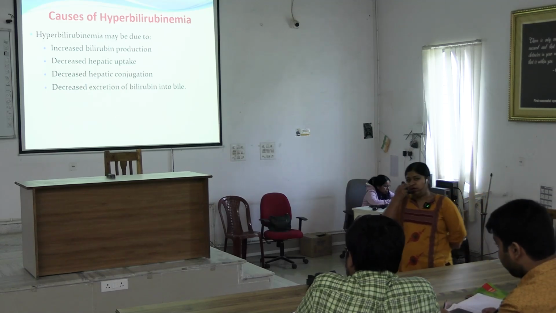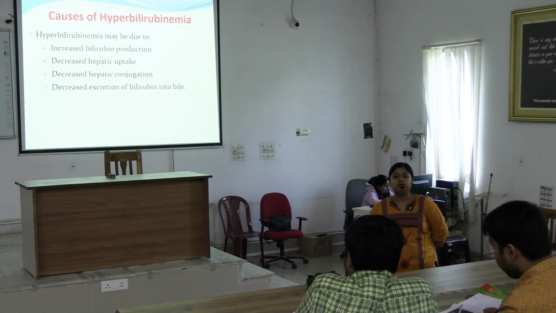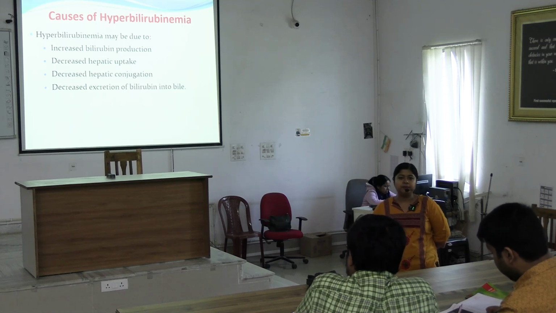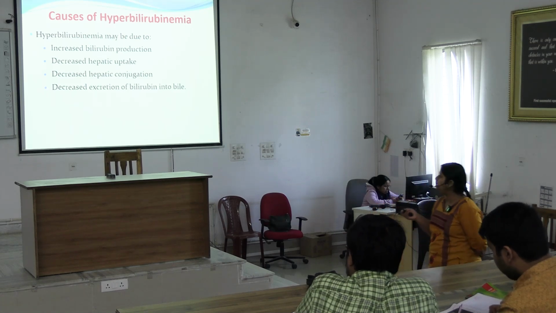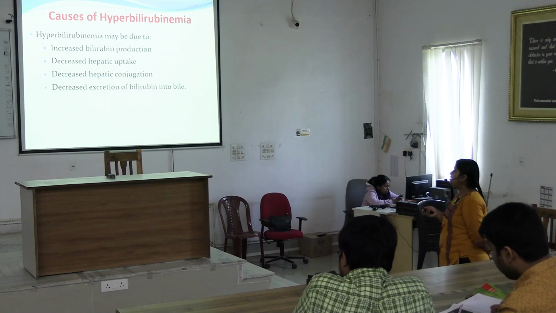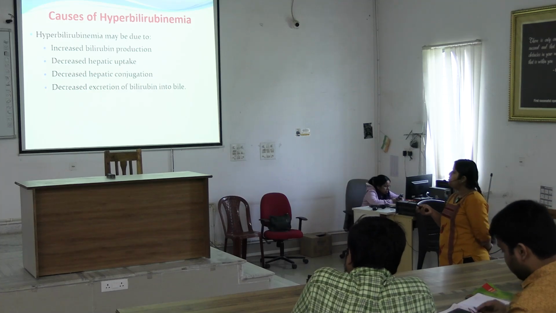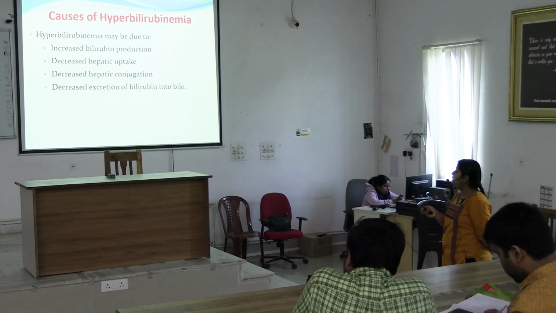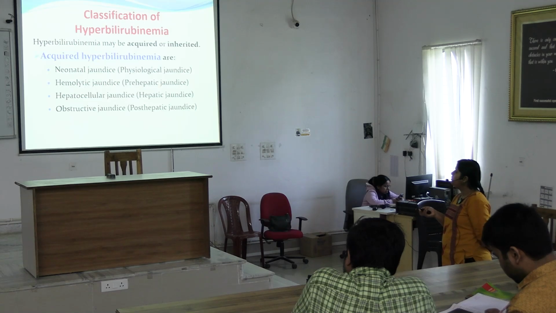This also can occur from any transporter defect, like MRP2 transporter defect, which mainly leads to decreased excretion of bile into blood. So these are the main causes of hyperbilirubinemia. We will go into details.